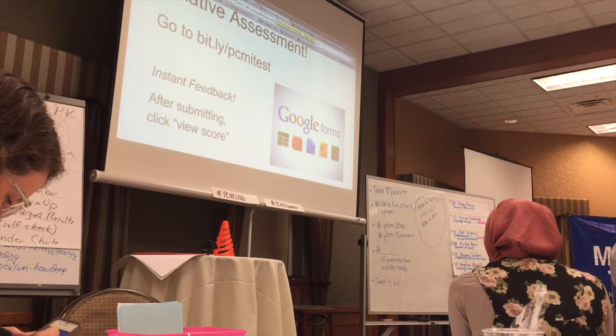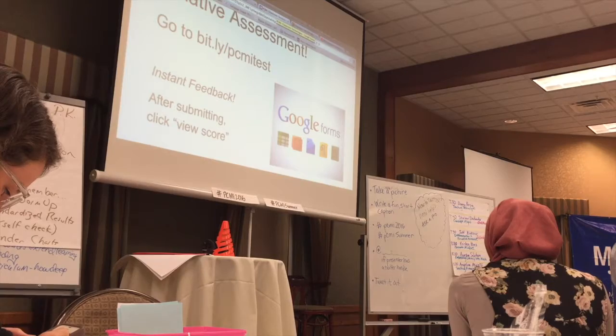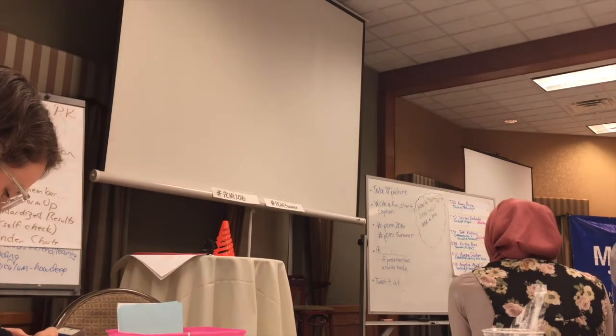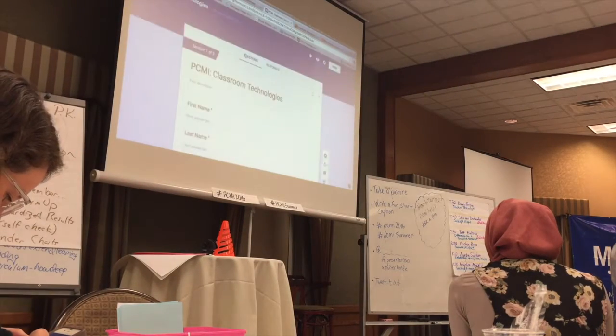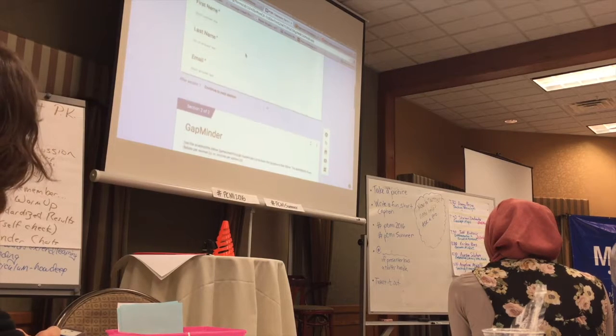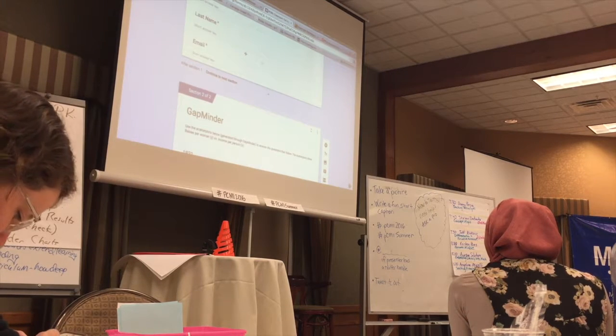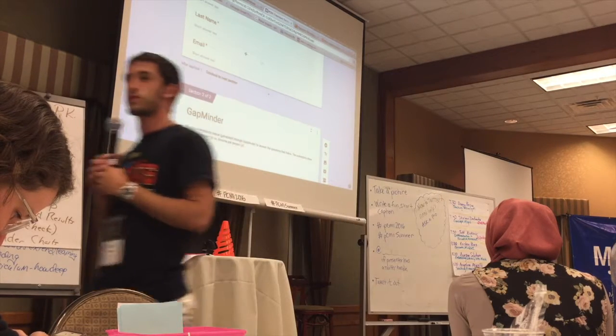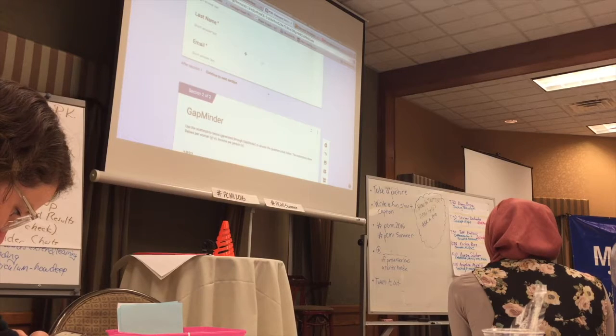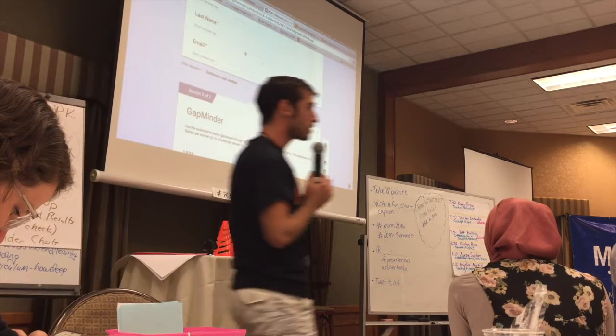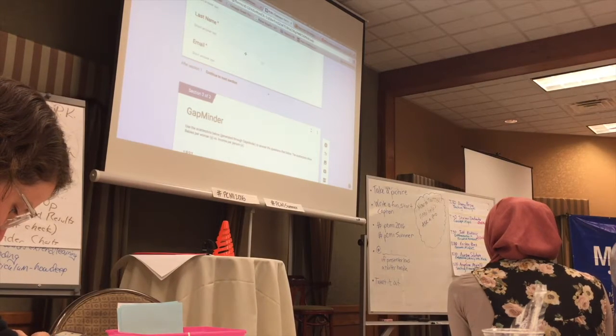And that's bit.ly/PCMI test. And hopefully you get to see something that looks sort of like this. Again, no need to spend that much time with the questions, just pick something, see what happens. And once you click submit, I want you to click view score because it's automatically going to score it for you.